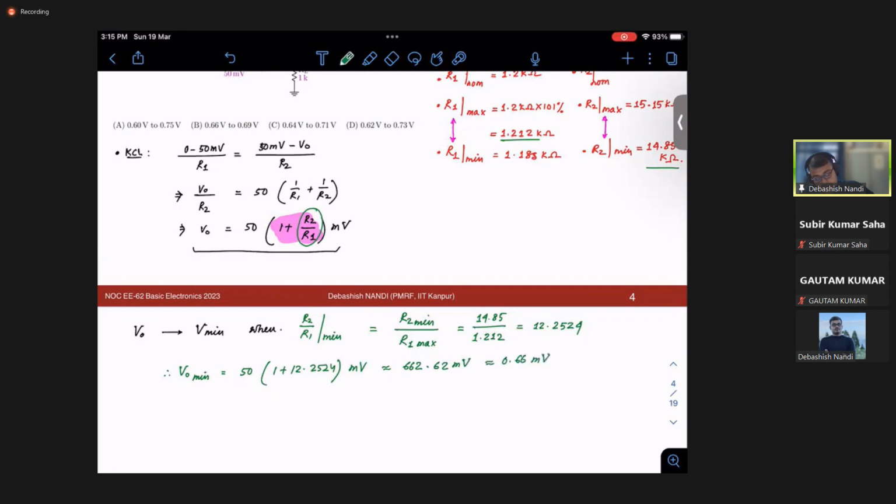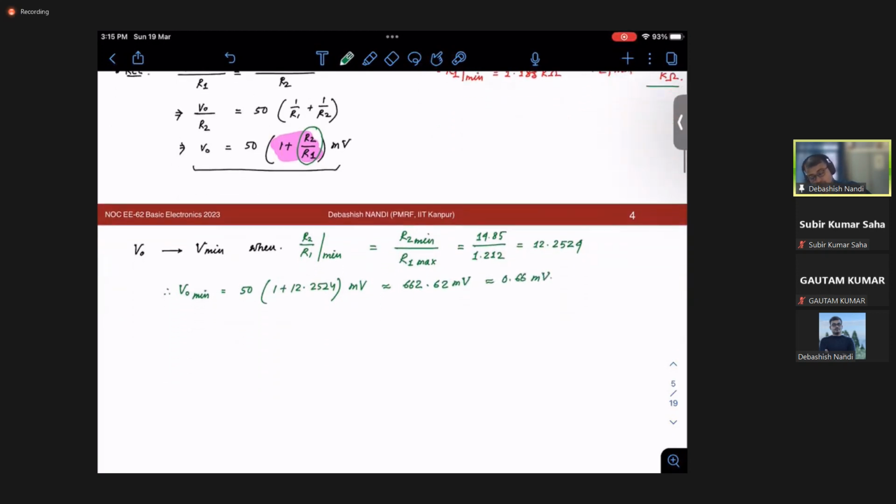And what about the maximum? Similarly, I can write that V0 will be maximum when R2 by R1 will be maximum, and that is when the numerator is maximum and the denominator is minimum, right?